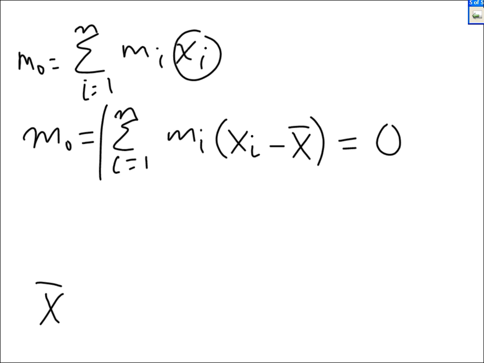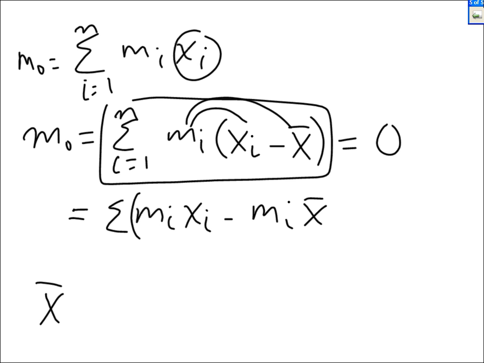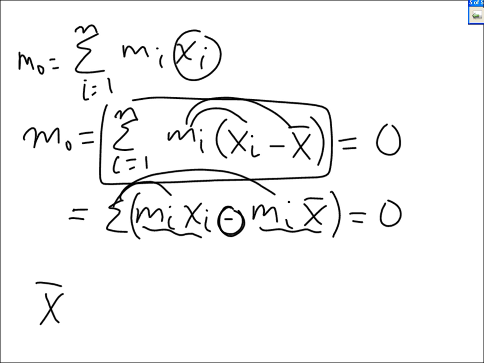But let's work on the right side. We can distribute this. So this is the summation of mi xi minus mi x bar. And we know it still equals 0. Now, summation is friendly. When you have a subtraction, you can do the sum of this piece minus the sum of that piece.